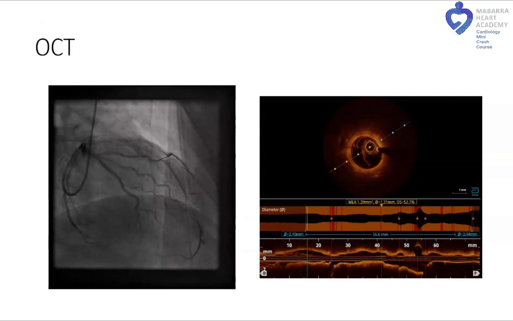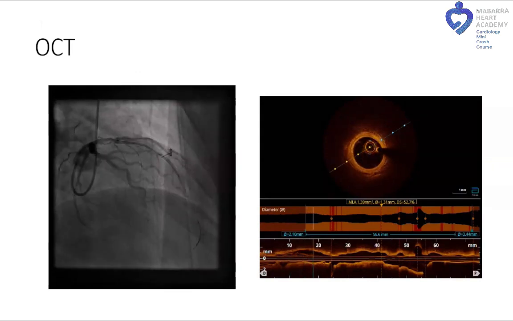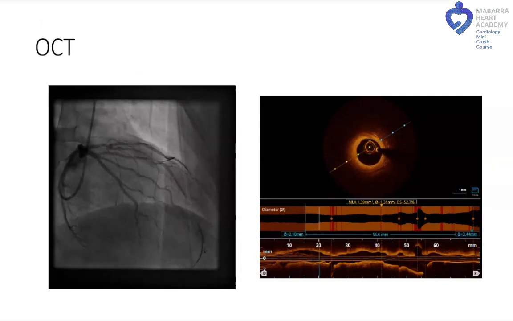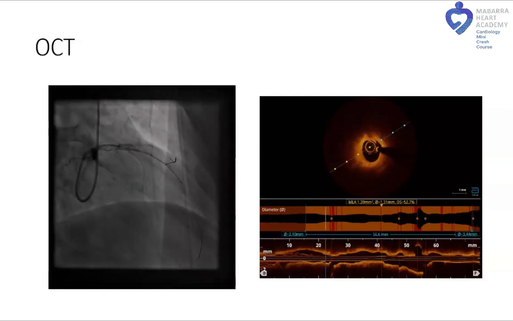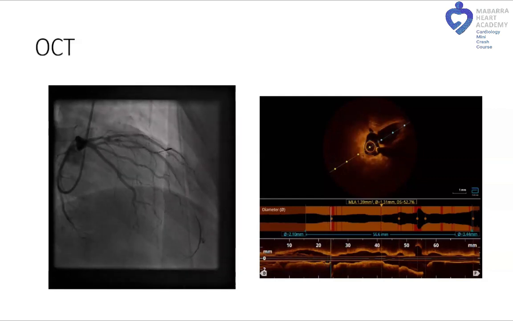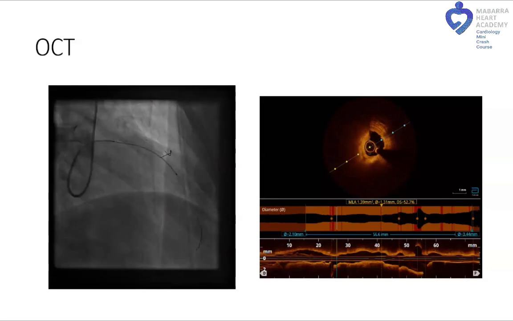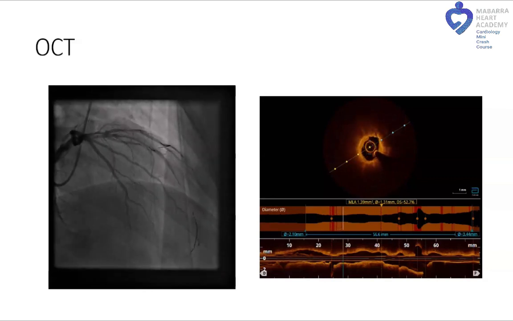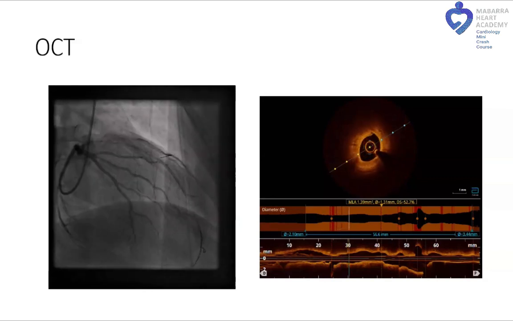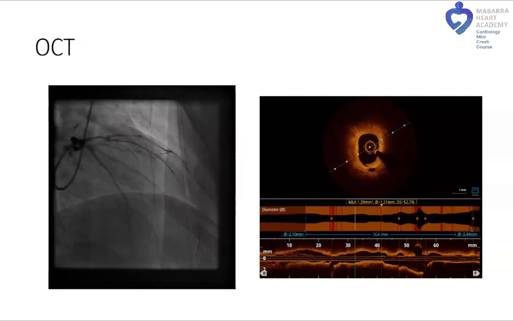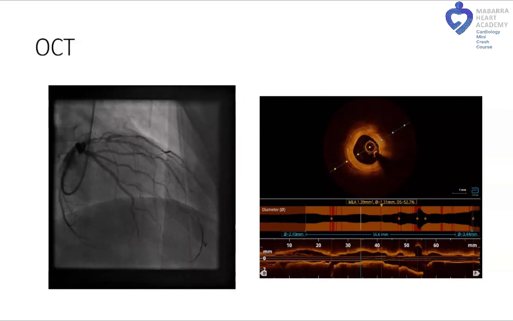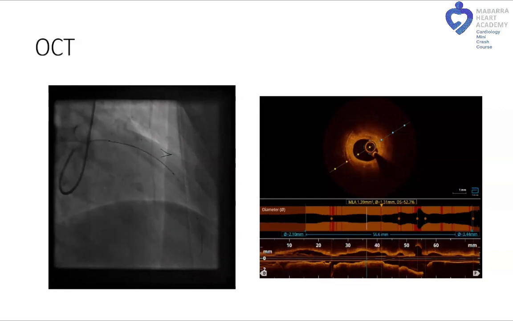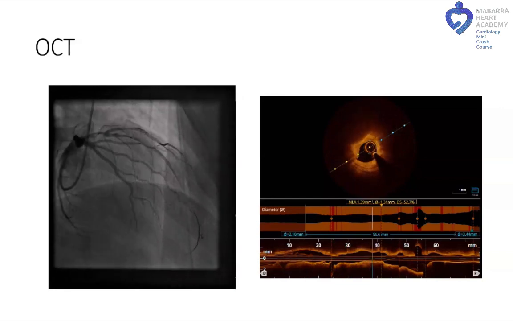As you can see, there's some poor clearance of blood, but the vessel looks healthy. And you can see some fibrous plaque with iatrogenic dissections because of the ballooning with significant stenosis. You can see the iatrogenic dissections, and mainly there was fibrous plaque with not a lot of calcification.